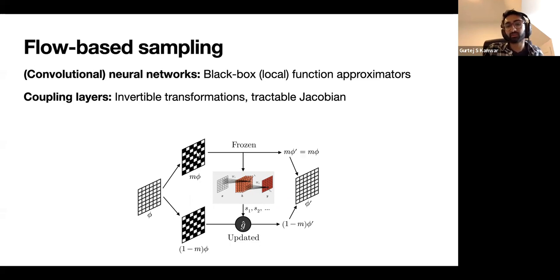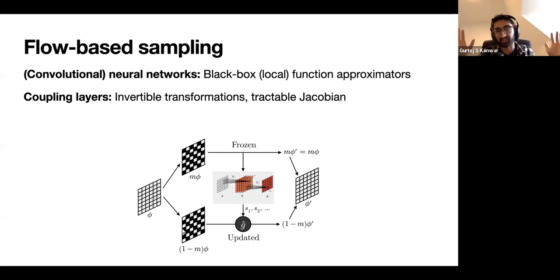To invert this, because this top half was not transformed, it's still available in the output configuration. We can still run it through some sort of function to produce the parameters for an inverse transformation of the bottom part.